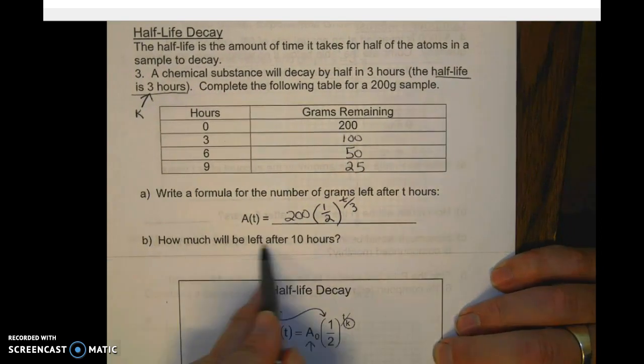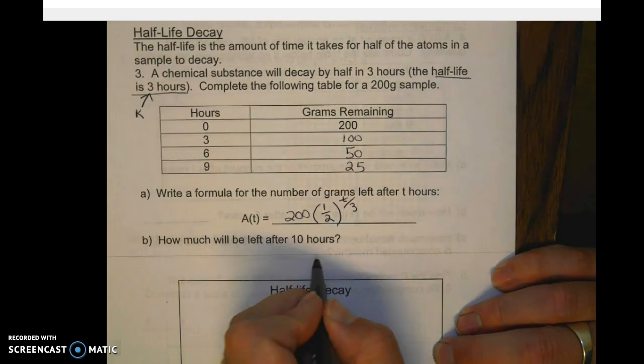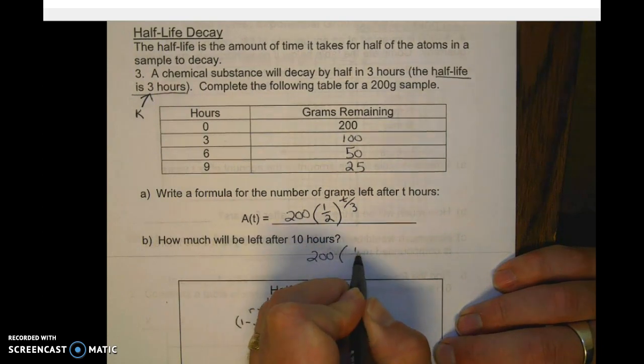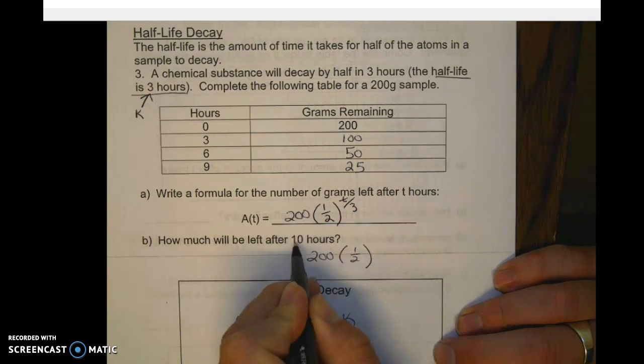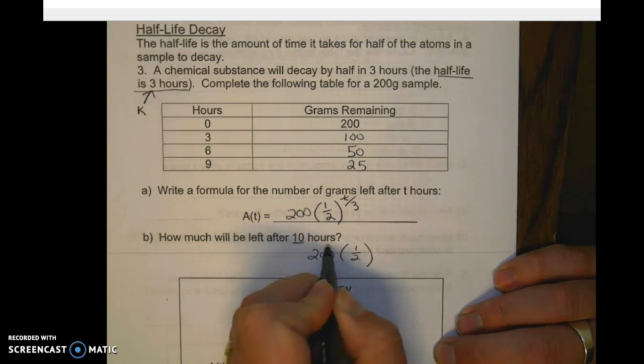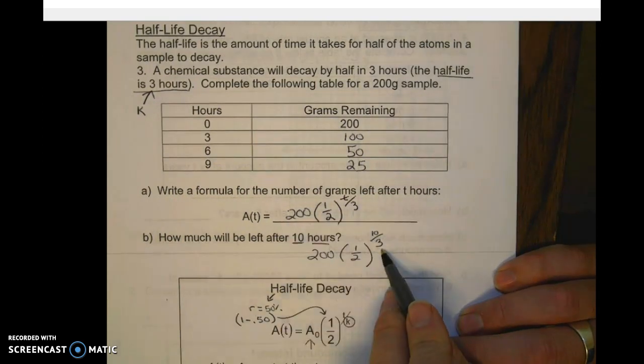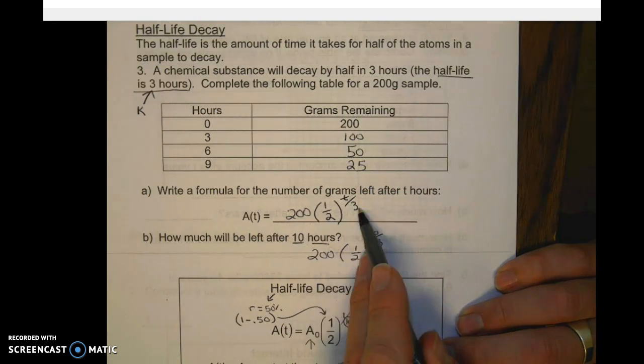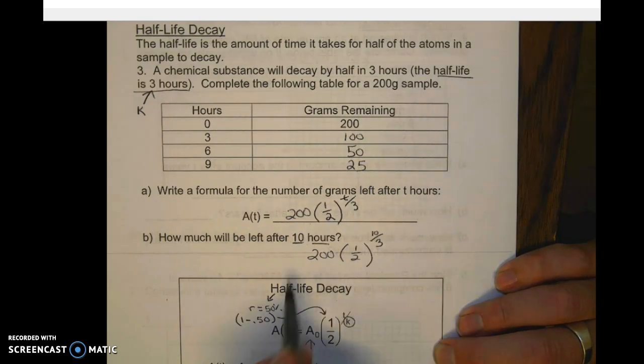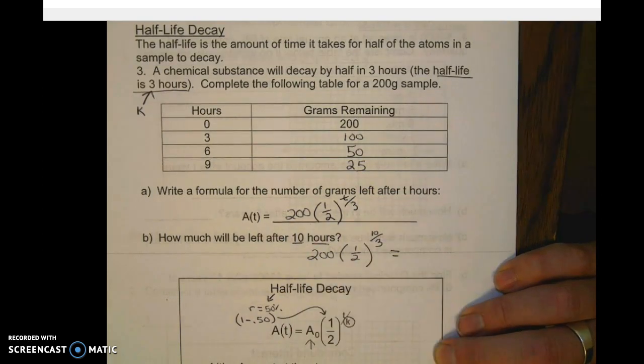How much will be left after 10 hours? We would do 200 times a half. We're going to plug T in for time over the half-life. So T goes in for time. 3 is our half-life. We plug this into our calculator.